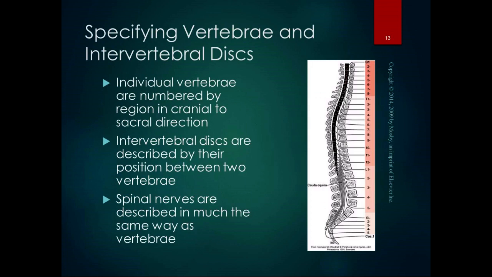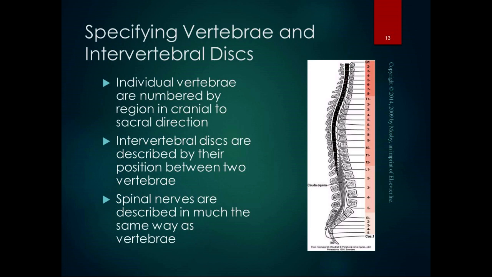So, when we're specifying vertebrae and intervertebral discs, the individual vertebrae are numbered by region in a cranial to sacral direction. So we start with C1 through C7, and then we have T1 through T12, and then we have L1 through L5, and S1 through S5, and the coccyx, we just say there's one of them.